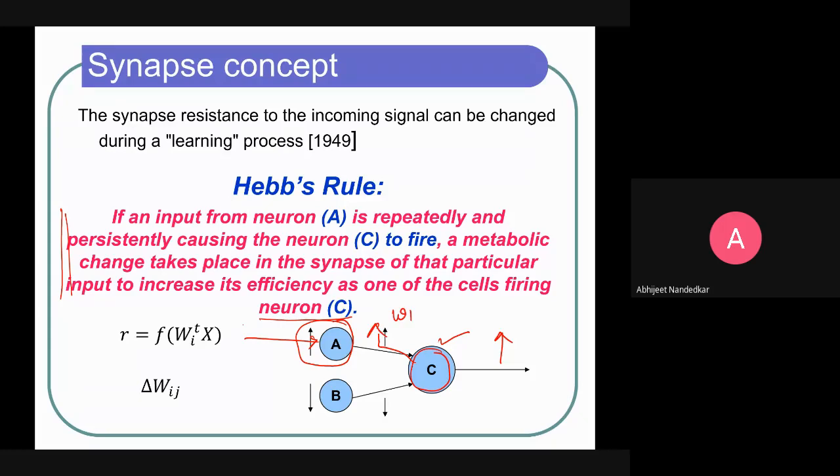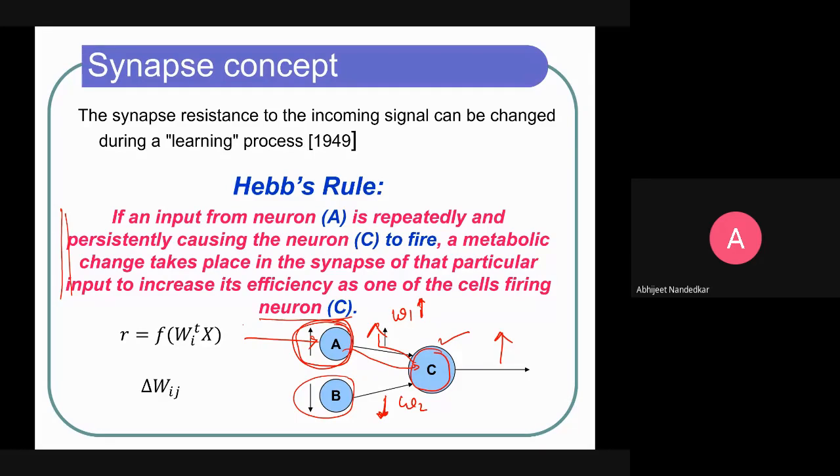Suppose this is W1 and this is W2. Then W1 will keep on increasing if this neuron A continuously fires C. Suppose neuron B is triggering this C in the opposite way, it is not helping neuron C to fire, then the weight will go down.